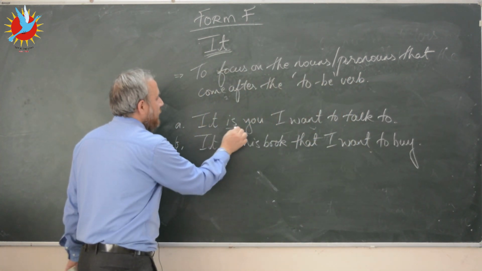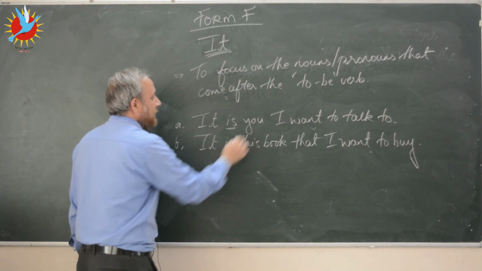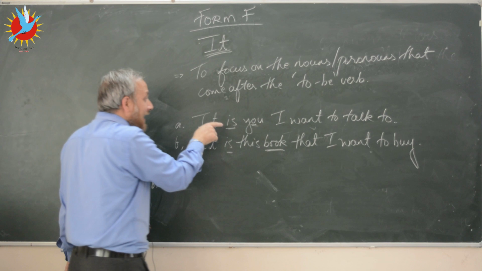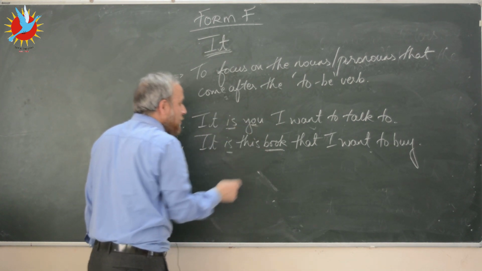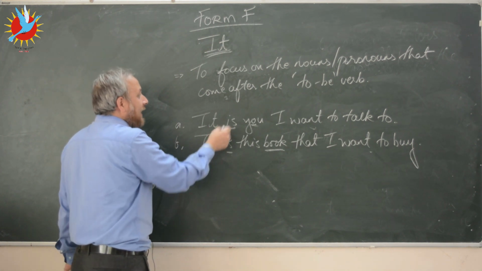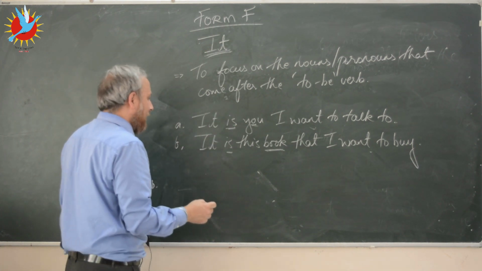So this is a pronoun and this is a noun. To lay stress on the pronoun or the noun, I can use it in this way. But after it there has to be a to be verb.